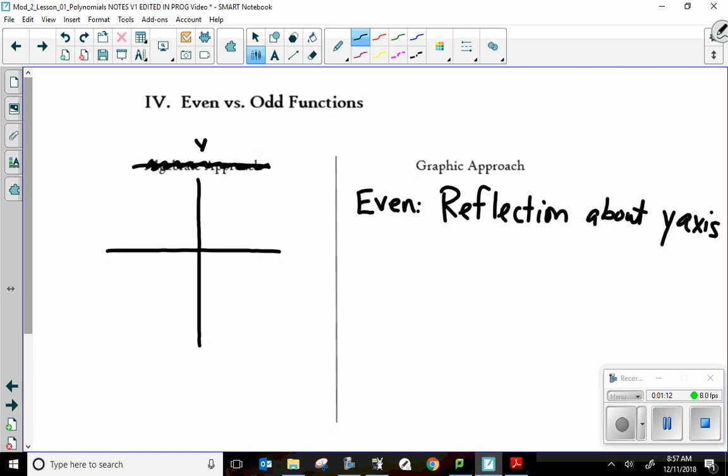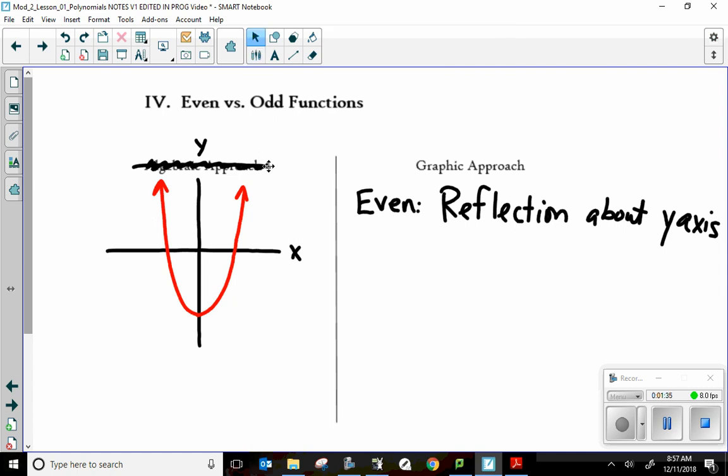My y-axis is here, my x is here. The most common form of an even function is a parabola. It's not the only one, but it's the most common. If I come down like this, then I come up like this, there you go. That looks like a perfect reflection right across the y-axis.